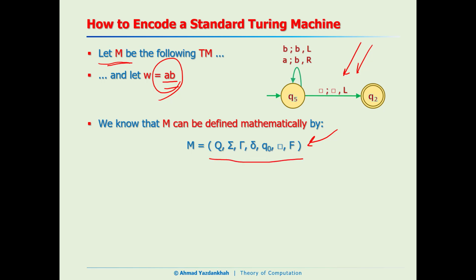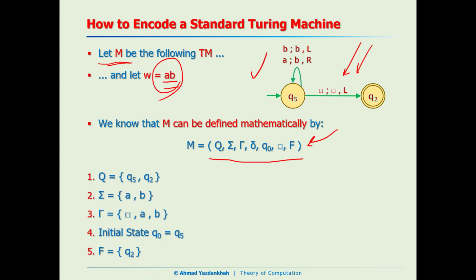How can we do that for this machine? For this particular machine, Q is Q5 and Q2. The input alphabet is A, B. The gamma is, look at this, we have B, we have A, and we have blank. So these are all of the alphabet and other symbols that are used in this Turing machine.